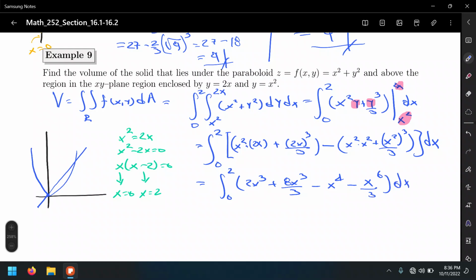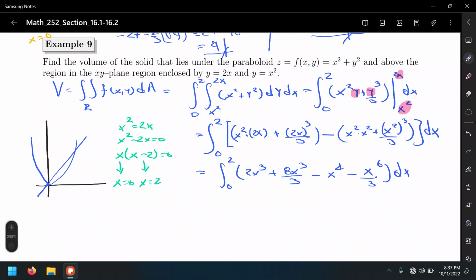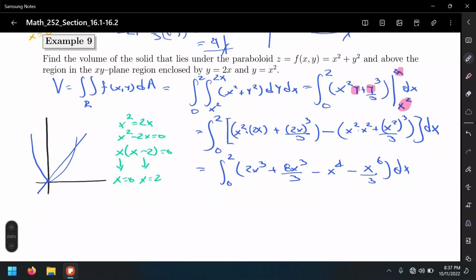Let's combine like terms. Let's combine the cubics. So 2 times 3 is 6 plus 8, that's 14. 14x cubed over 3 minus x to the 4th and minus x to the 6th over 3, dx.